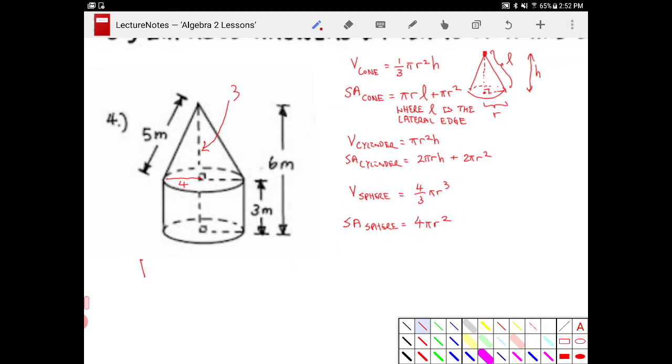So the volume of this thing is the volume of the cylinder plus the volume of the cone. The volume of the cylinder is pi times 4 squared times h, which is 3, plus the volume of the cone, which is 1/3 pi r, which is 4, squared times 3.